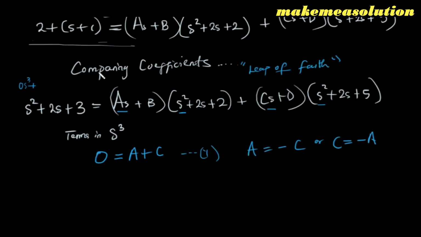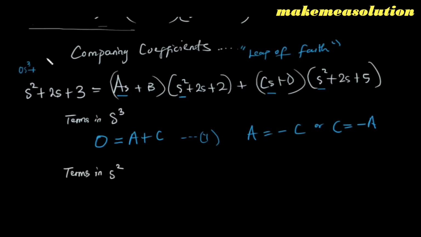So the next thing we are going to go to is terms in s squared. So you ask yourself, on the right-hand side, what are the things that can contribute s squared? So as, and this gives me an as cubed, but as and this will give me 2as squared.